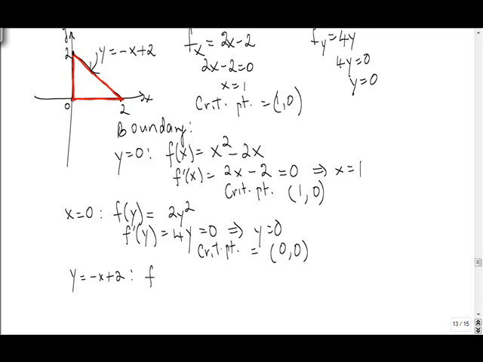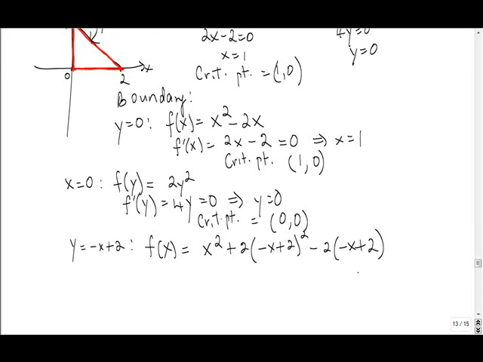So we have f of x equals x squared plus 2 times (minus x plus 2) squared minus 2x. Put it into the function. And now I would advise you to simplify that. When you simplify that, you get 2x squared minus 6x plus 4.